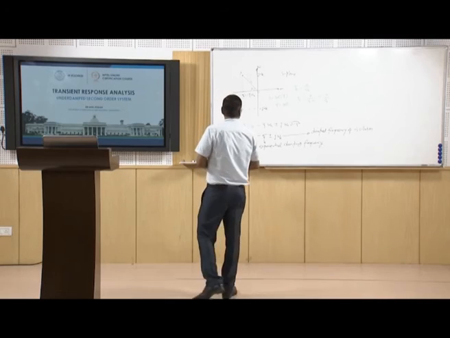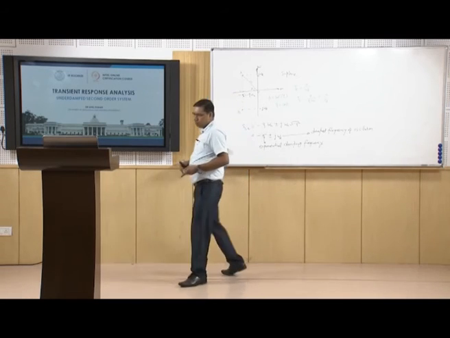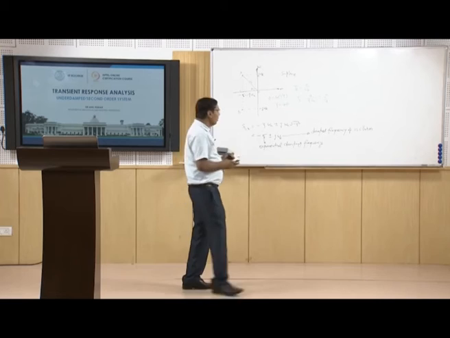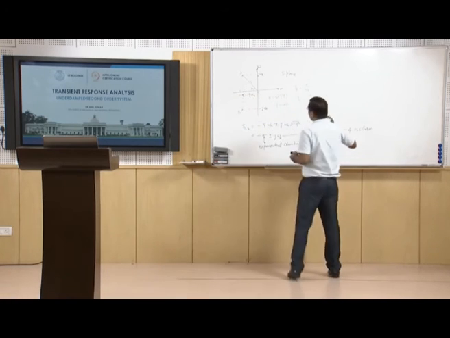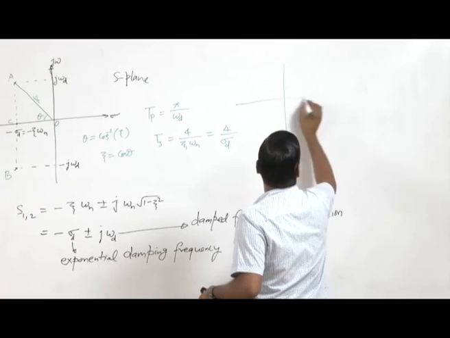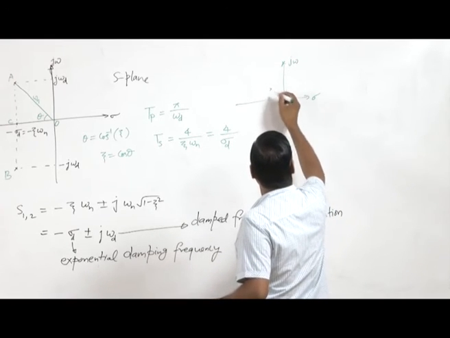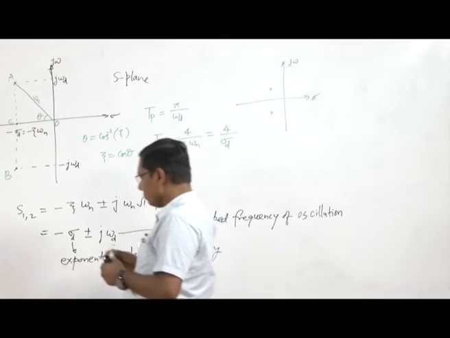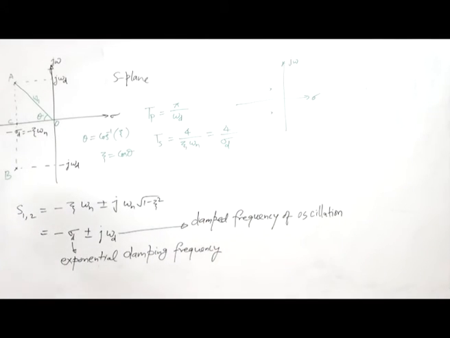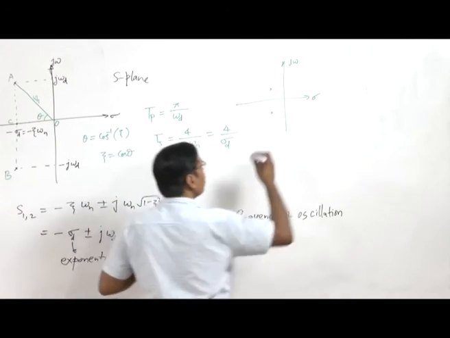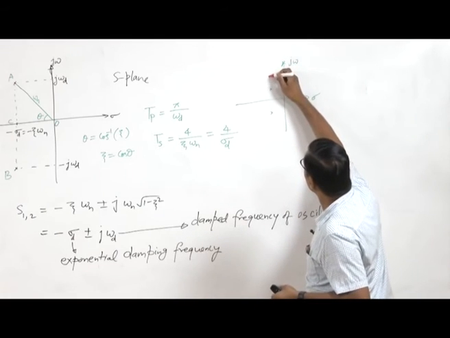So now let us see what happens when these poles, there are some poles, this pole sigma j omega, and we have these complex poles, and these poles start moving in this direction.